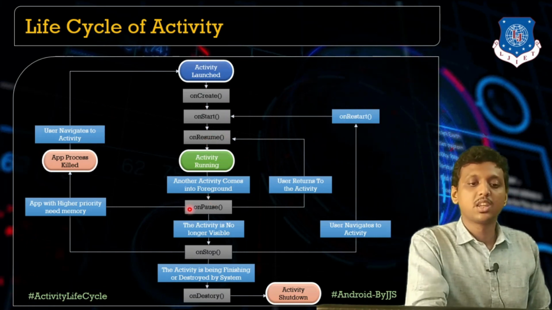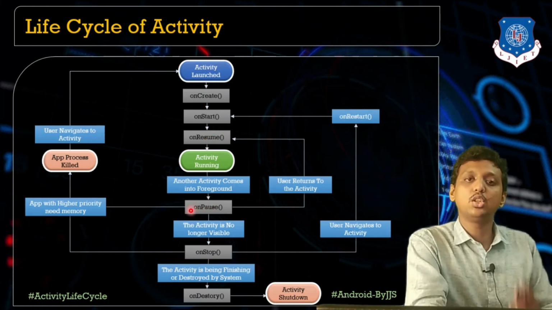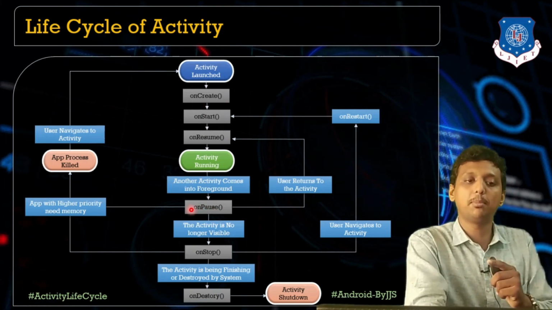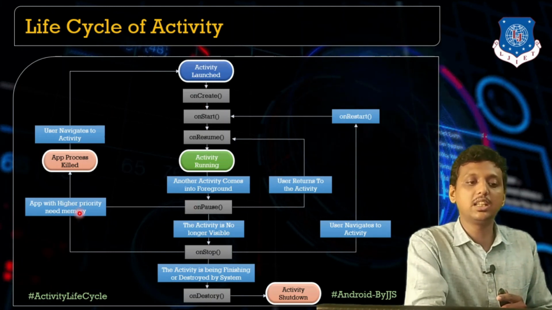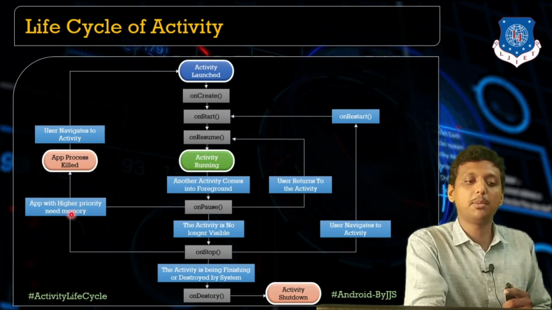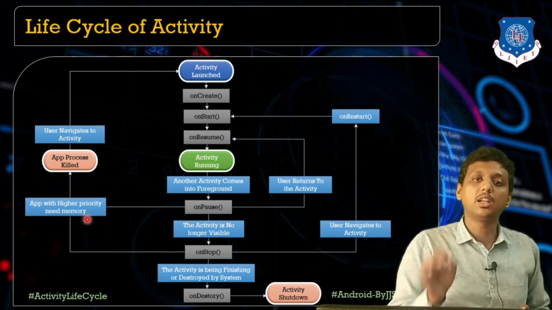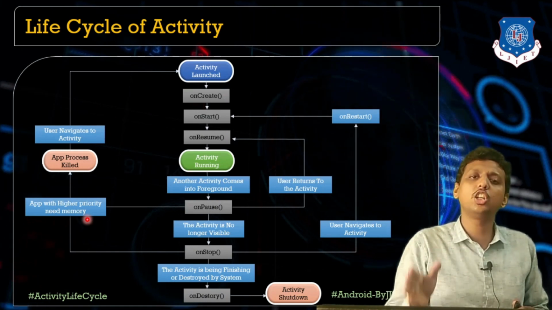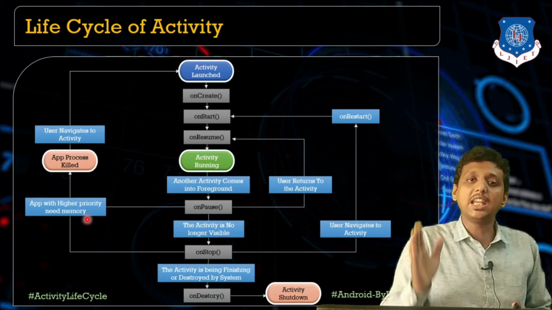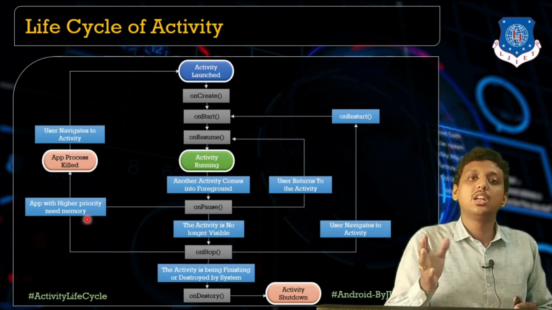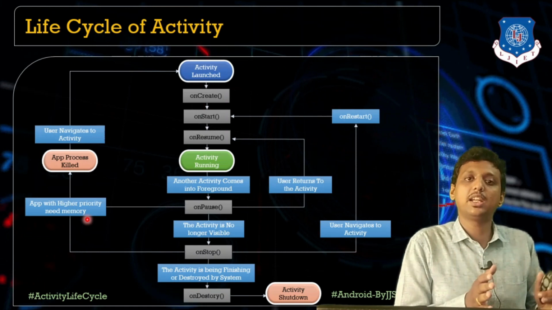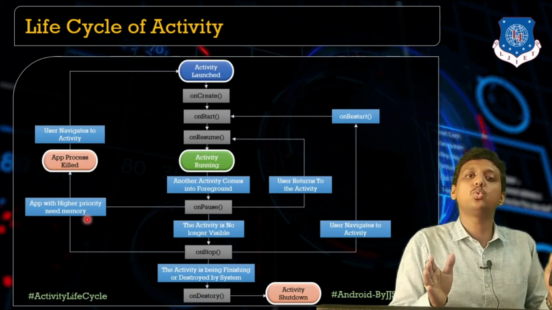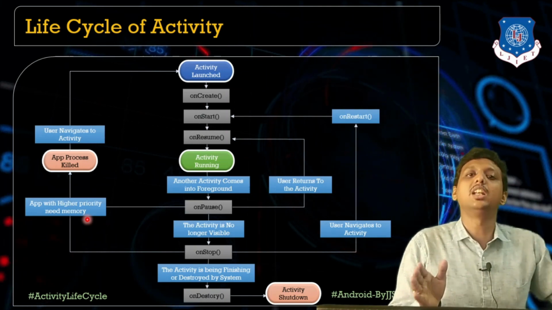Fine. So from onPause, students, when your phone memory is totally low or the computer has to shut down your application, because another application needs higher memory. One operating system algorithm is like this: if any application needs a higher amount of memory, and another application is just running in the background with no work, then you can stop or kill that application.